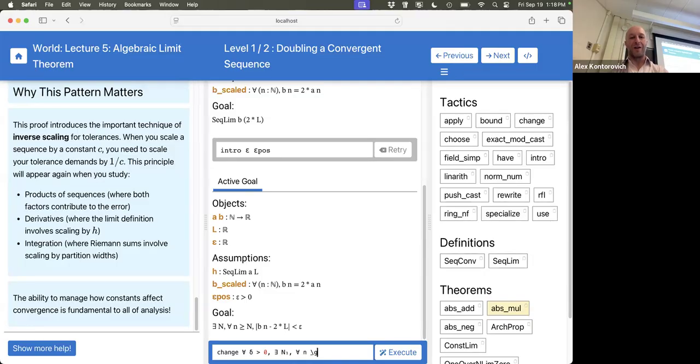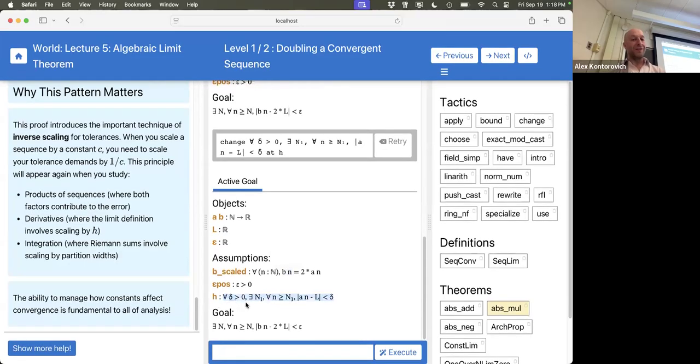So that for all n greater than n1, absolute value of a n minus L is less than what I call a delta, and make that change at H. Okay, so now H says for all delta positive, there exists an n1, so that for all n greater than n1, a n minus L is less than delta. Very good. That's the whole point of using a different dummy variable.